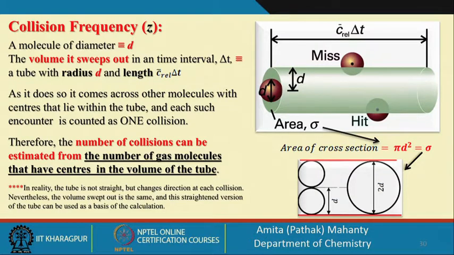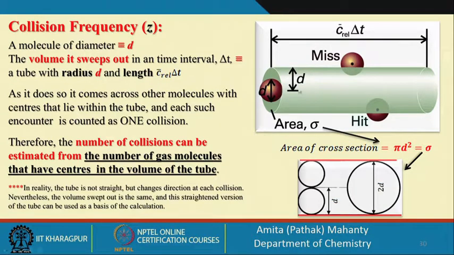So we take a volume swept by a molecule of diameter d, sweeping some distance in time t, and the volume it covers is a tube or cylinder. Whatever molecule falls within this tube or cylinder will undergo collision.